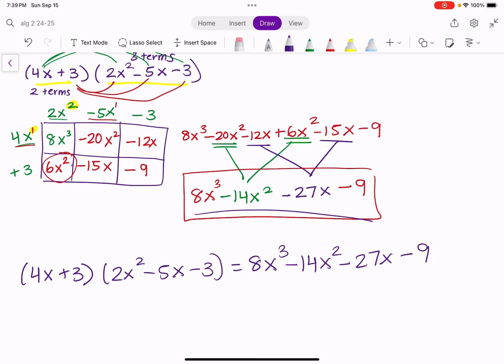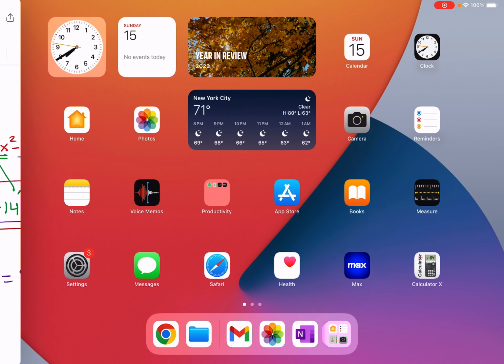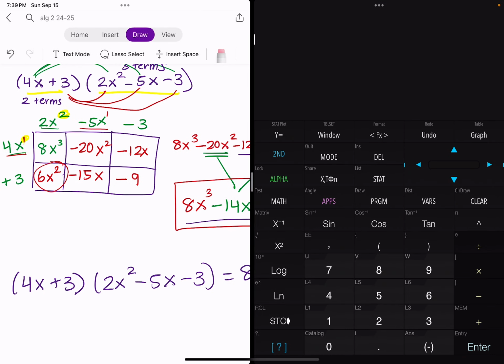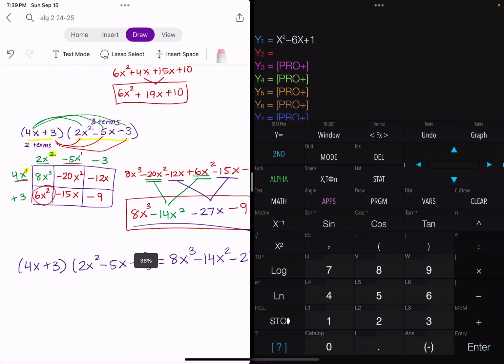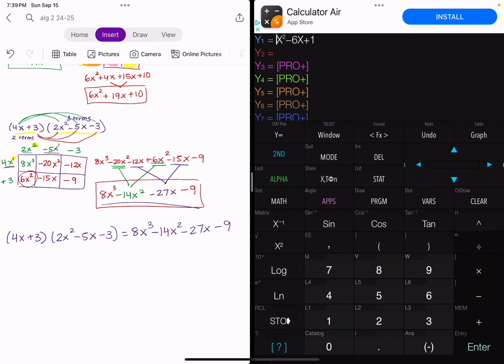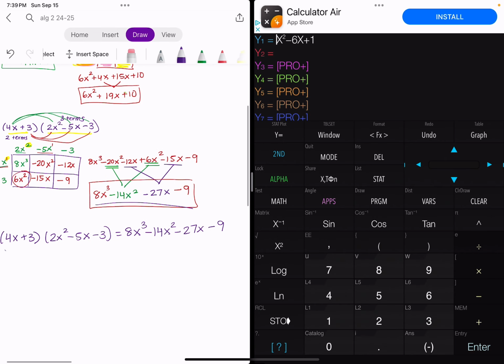I said that those are equal to each other. There's a way that I can check this, right? So this is what I'm going to do, and you should follow along in your calculator. So you're going to go to your calculator. You're going to go to y equals, okay? You are going to put this in y1, and you're going to put this in y2, okay?